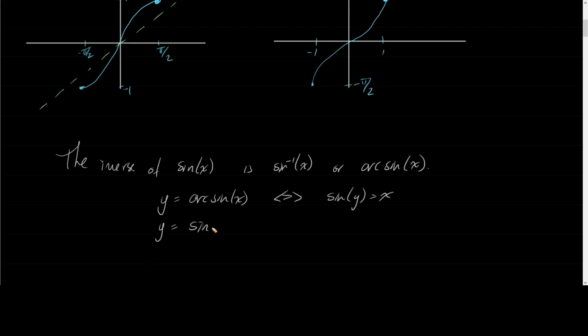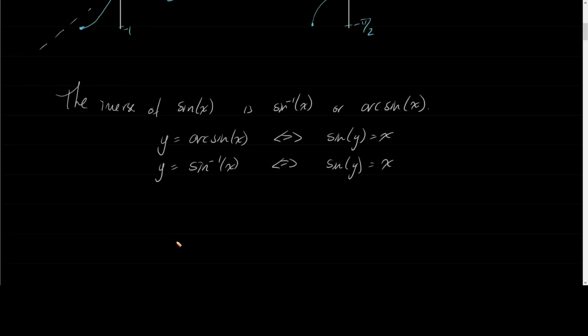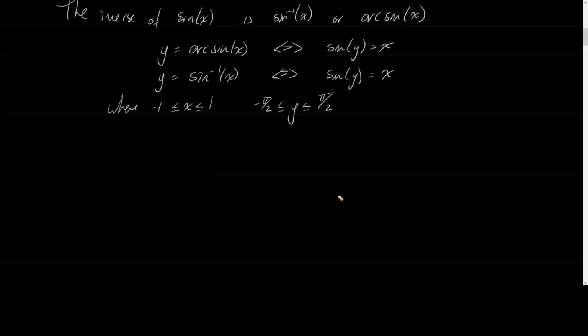Similarly, if I have y equals sine inverse of x, this is equivalent to saying that sine of y equals x. So arcsine and sine inverse are saying the same exact thing. And in here, x is between -1 and 1 for the input, and y is between -π/2 and +π/2. So again, that's the domain and the range.